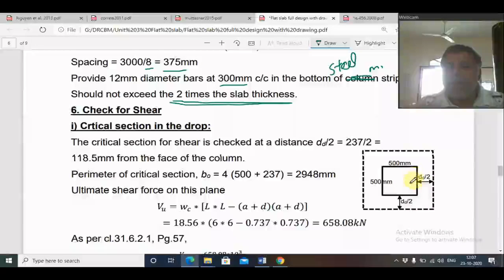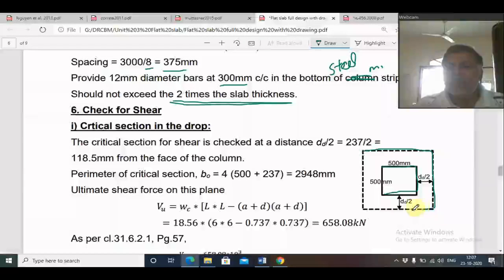So this is the plan view. I am showing the column size as 500 by 500. The critical section is Dd/2 on either side. So this is the critical section part. See, this is also a square. What is the length of one side of this critical section, critical plane?